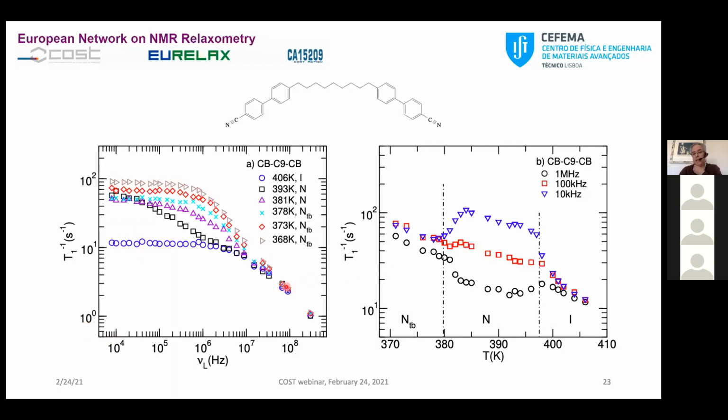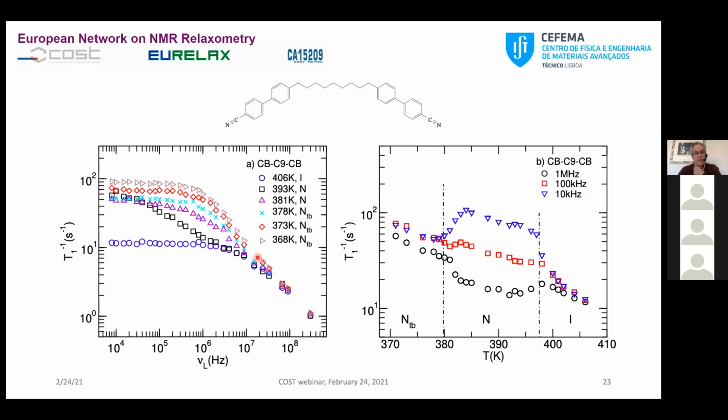And it's important to say that in order for us to interpret the data that we get from the dispersion, it's not possible, as you saw, just by looking at this data, to infer what the structure might be, or what the influence of the structure on the molecular dynamics might be.